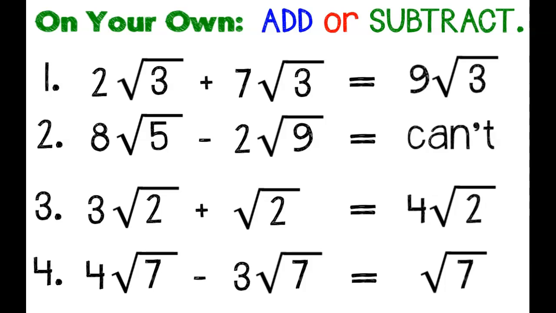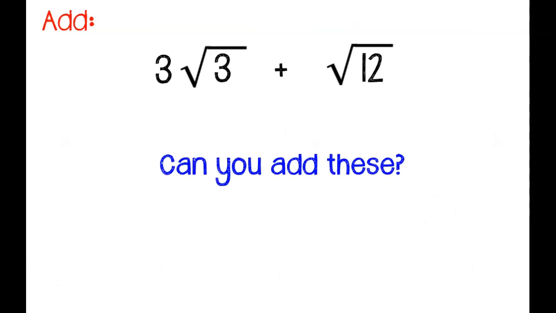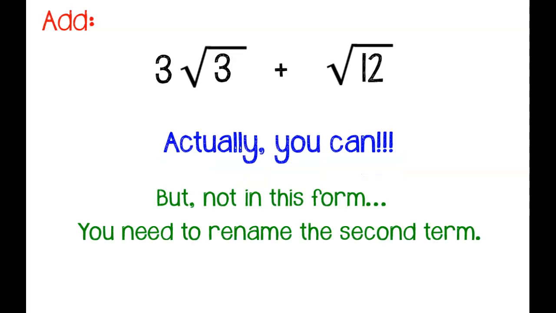Alright, now let's move into another type of question. Can you add these 2 together? You probably said no, but the answer is, actually you can. You just don't know how yet. These 2 radicals are not matching right now, right? The radicand of 3 does not match the radicand of 12, but the radicand of 12 can technically be simplified.